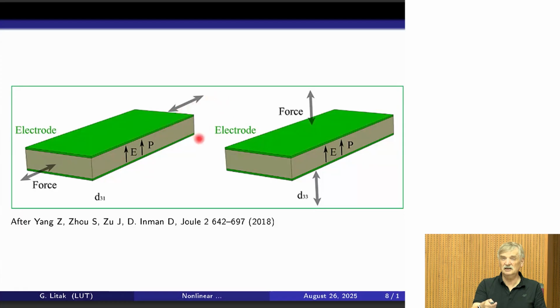The electrodes are connected through the resistor, and there is a current in the system. So this would be variable voltage on the resistor. This is the working principle for the piezoelectric.